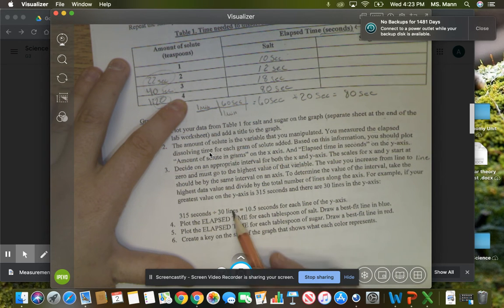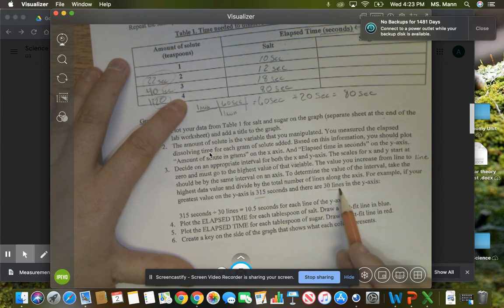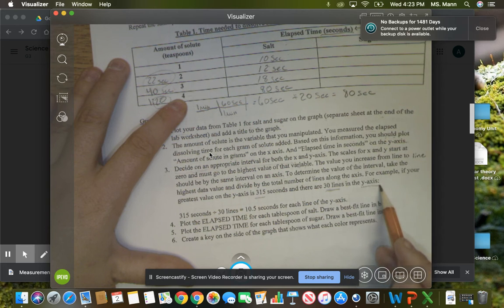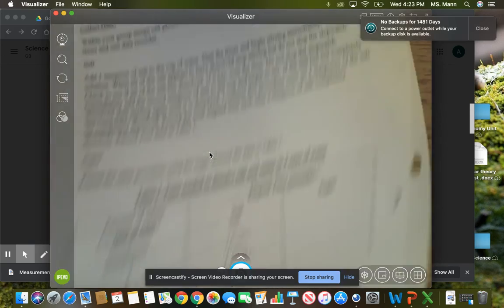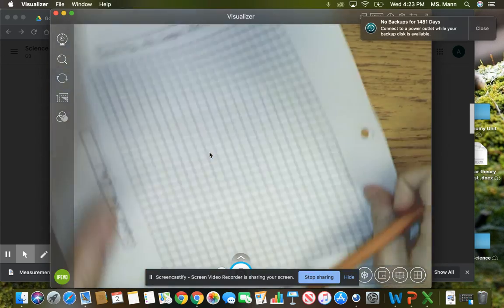For example, if your greatest value on the y-axis is 315 seconds, and there are only 30 lines in the y-axis, you are going to take 315 divided by 30, and you're going to get 10.5 for each line in the y-axis. So that means you are going to go over here.